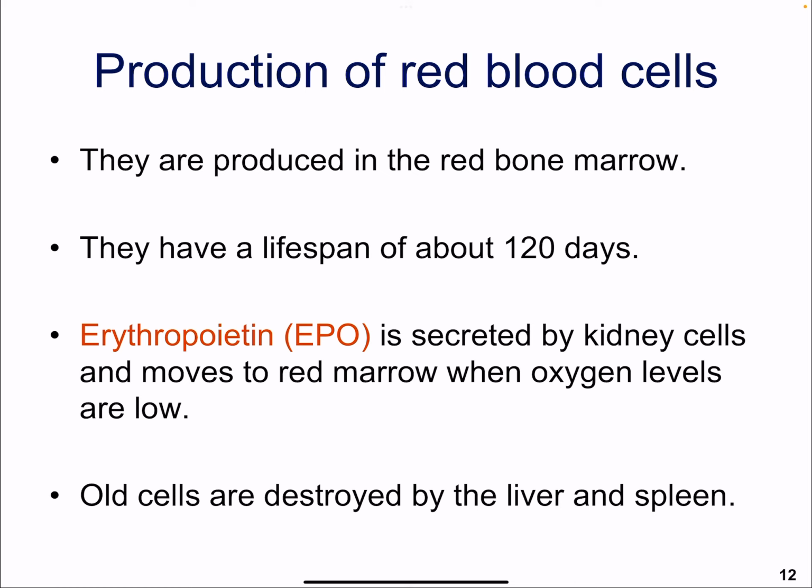Now, the lifespan of a red blood cell is about 120 days. In other words, if you were to label all your red blood cells today, 120 days later, you are not going to find one single one of those red blood cells that you labeled today.